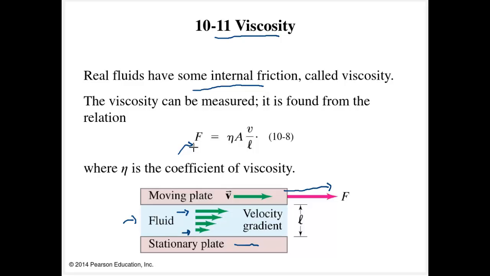We can relate the force to this coefficient of viscosity, this little eta right here, as well as the surface area and the velocity that you're pulling the plate and the length.